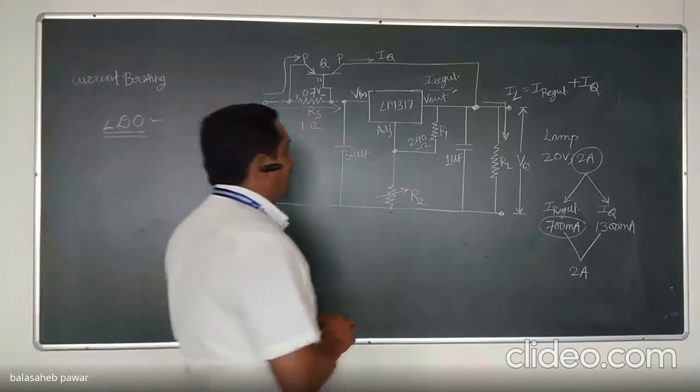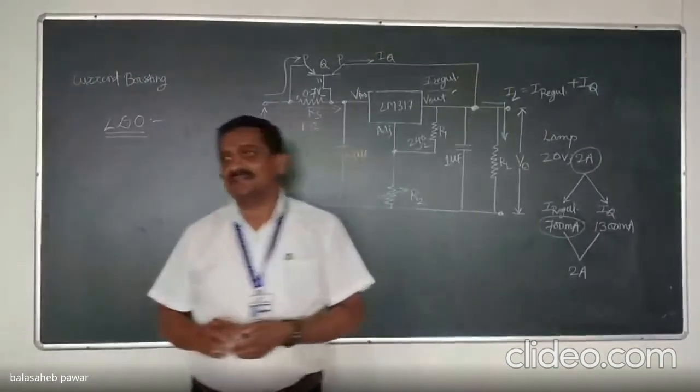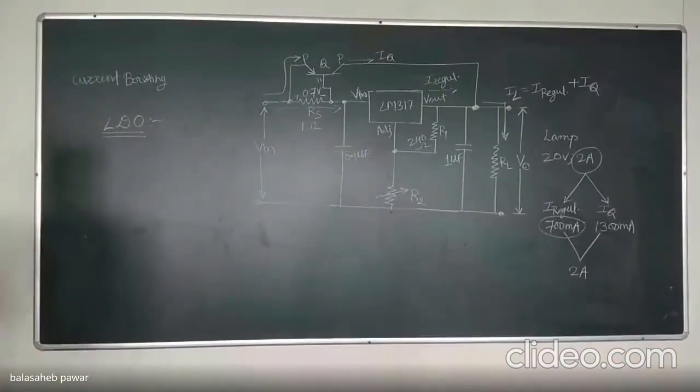Is it okay? 78 series, 79 series, LM317 and LM337, all these are known as somewhat large dropout voltage regulators or high dropout voltage regulators. If you are getting confused, call all these regulators high dropout voltage regulators.